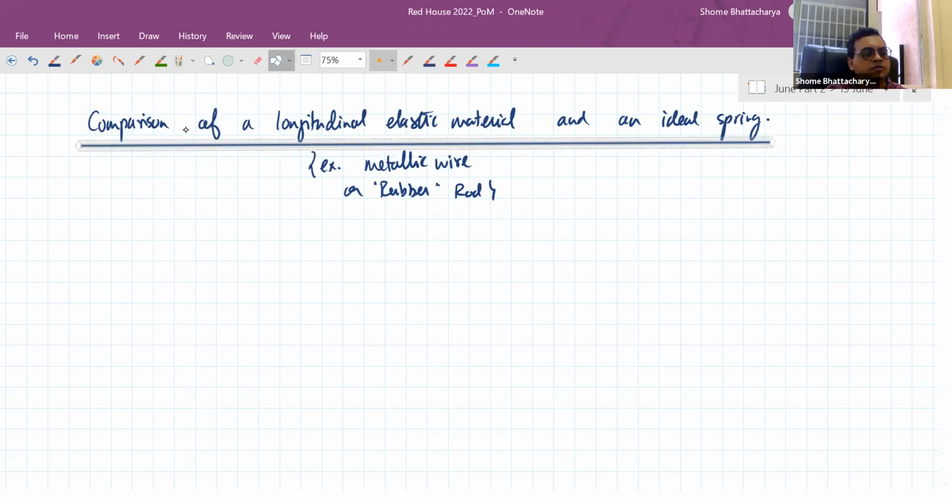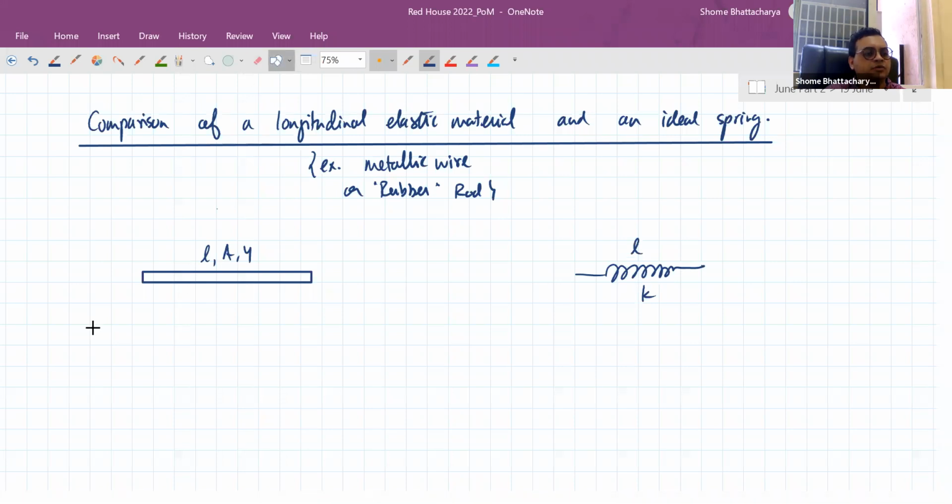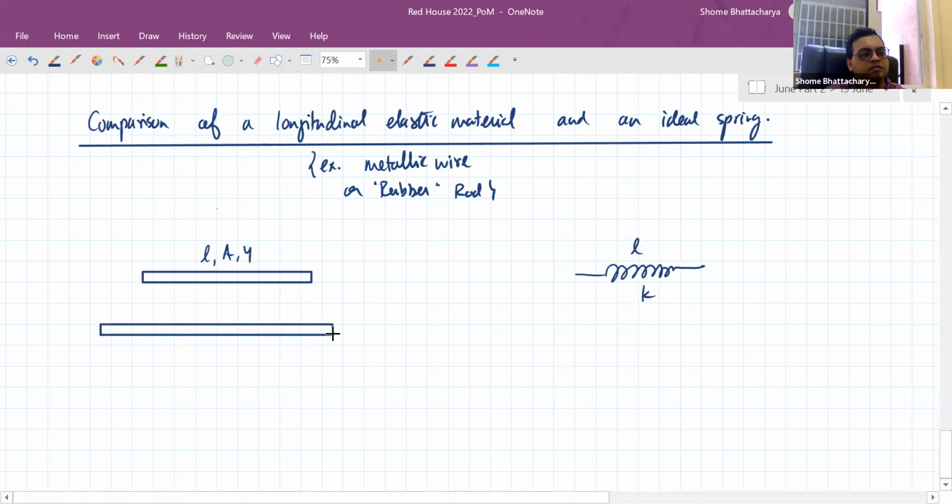Okay. So, for example, if we have a material of natural length L, area of cross section A, and Young's modulus Y, and we are comparing that with an ideal spring of spring constant K and natural length L. Now we know that in order to either extend this or compress this, we need to apply an external force, which will balance the internal tension.